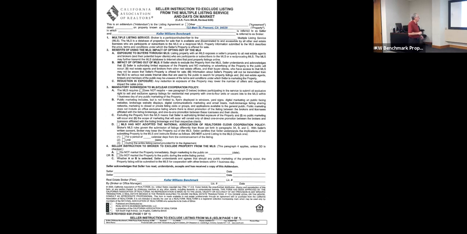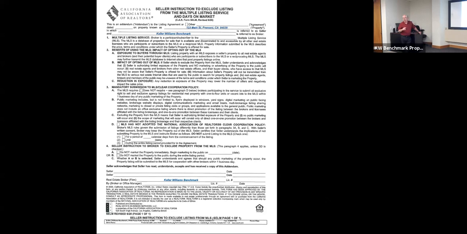Okay, the next form, a lot of you should be familiar with, and this is the instruction to exclude a listing from MLS. Remember, when you take a listing under BAIS MLS rules, you have to put that property on the market within 3 days or provide this instruction to the MLS to exclude it from the MLS. And the mistakes I see quite often are boxes checked in paragraph 3.